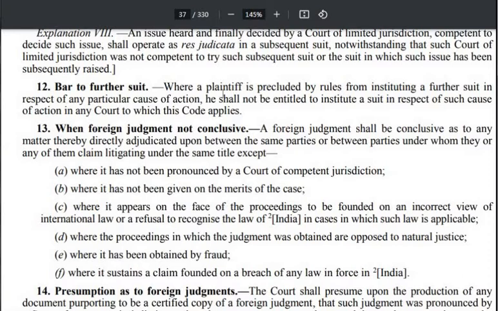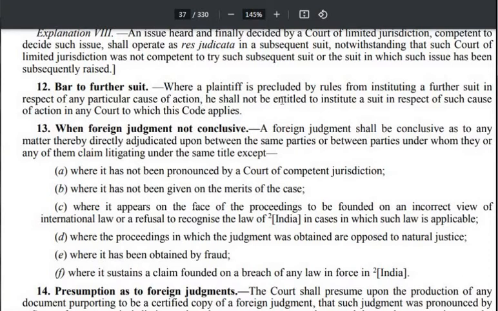So if you read it again, where a plaintiff is precluded means what? Prohibited. Precluded by rules. Rules means जो orders के साथ rules हैं, from instituting a further suit in respect of any particular cause of action. मतलब पहले एक सूट कर दिया था, अब फर्दर सूट इंस्टीट्यूट करने के लिए रूल के थ्रू उसे प्रोहिबिट किया गया है ऑन दैट काउज ऑफ एक्शन.